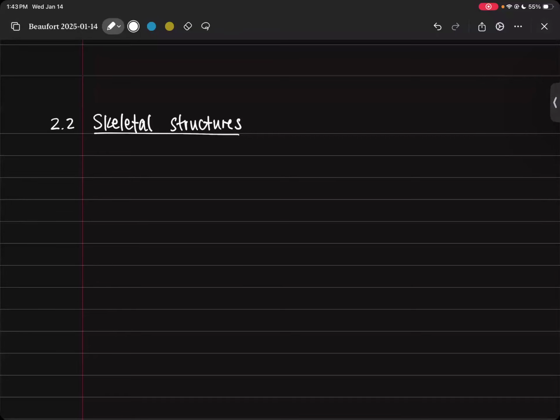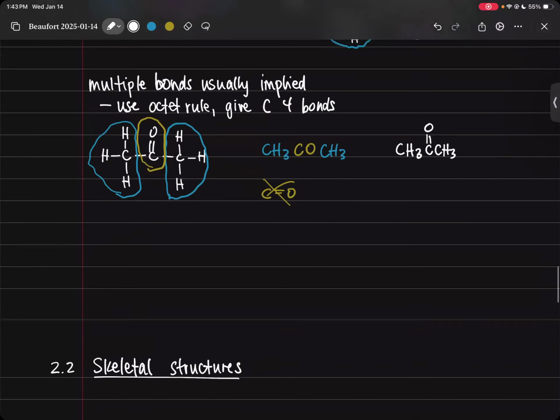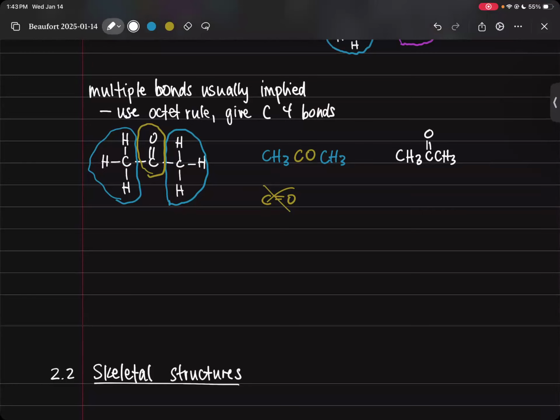So the condensed structures are nice, but we can do better. Think of the number of pen strokes that it took to write this right here. Let me count them. I've never done this before. 1, 2, 3, 4, 5, 6, 7, 8, 9, 10, 11, 12.